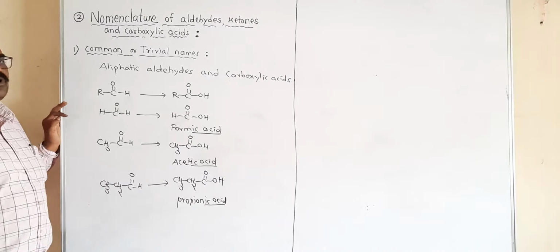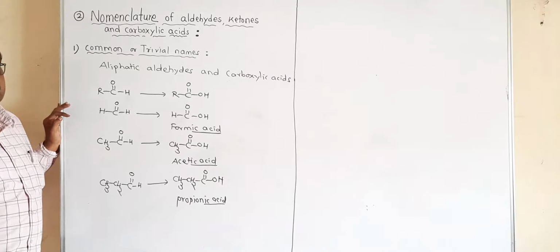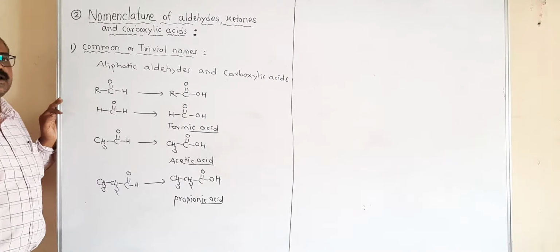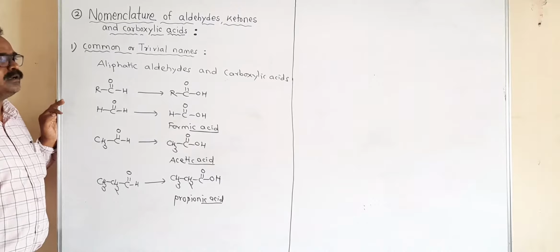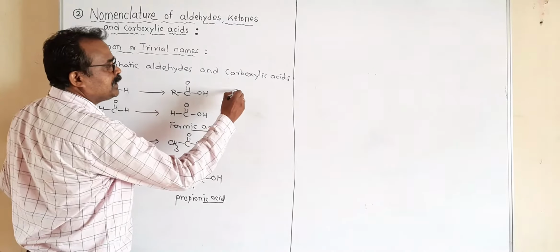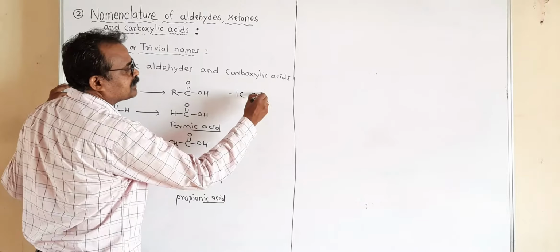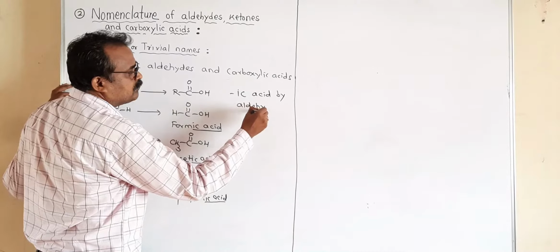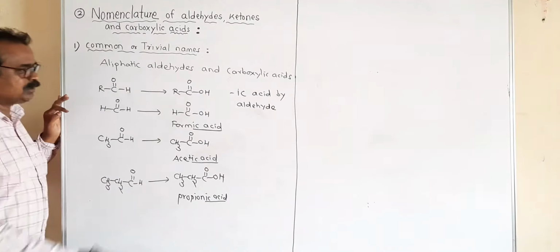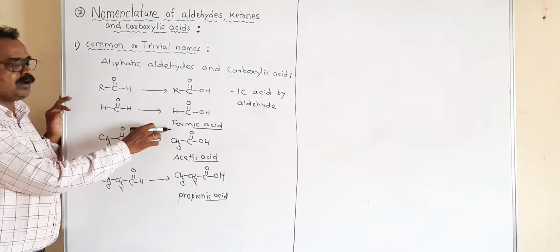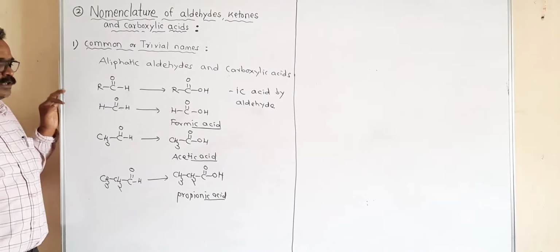Therefore, the common name of most of the aliphatic aldehydes is derived from the common name of the corresponding carboxylic acid by replacing the "ic acid" with the word aldehyde, and the common names of carboxylic acids are derived from their sources.